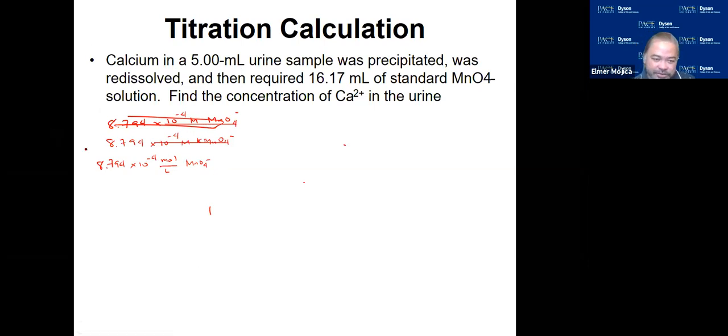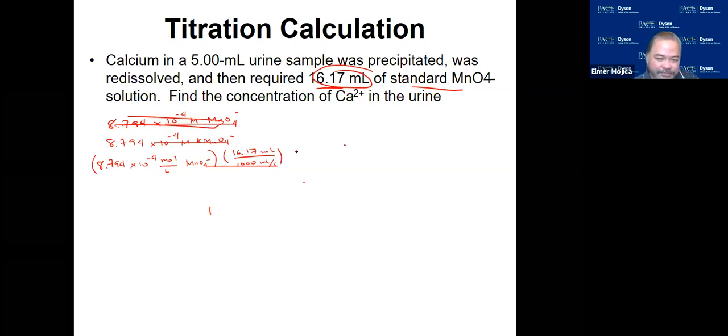So the next thing that you're going to do, you're going to multiply it with this number. Why this number? Because that's the volume that you use of standard MnO4. So the way that you're going to do is divide it with 1,000.